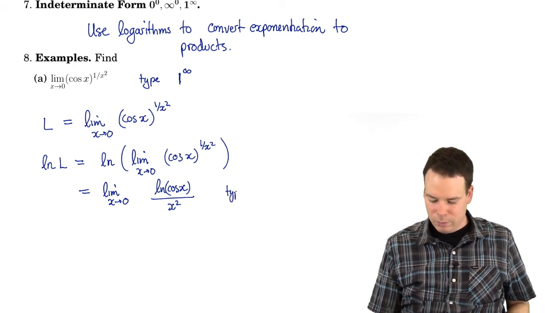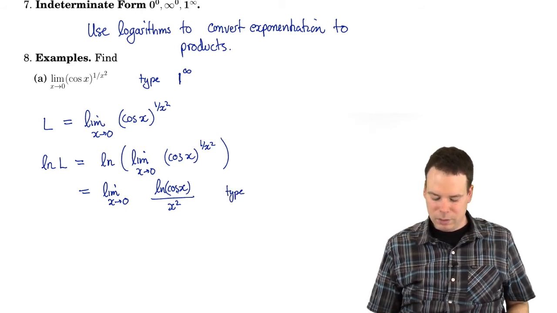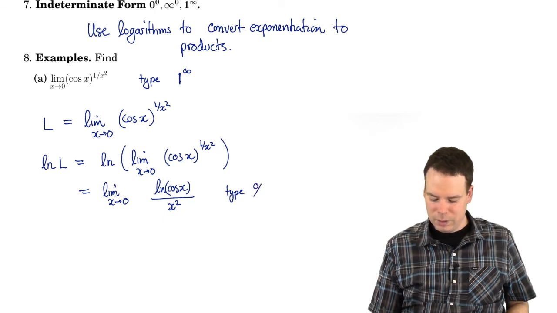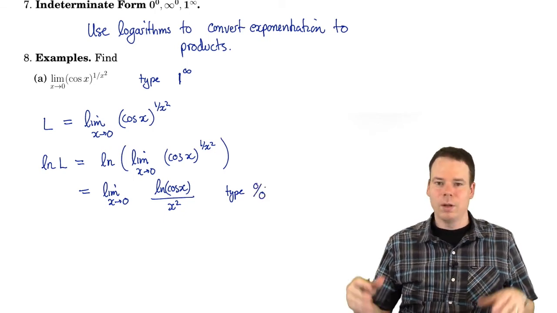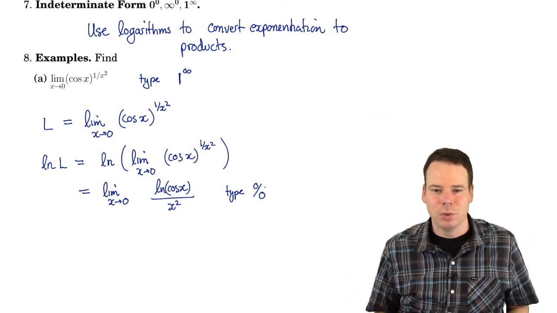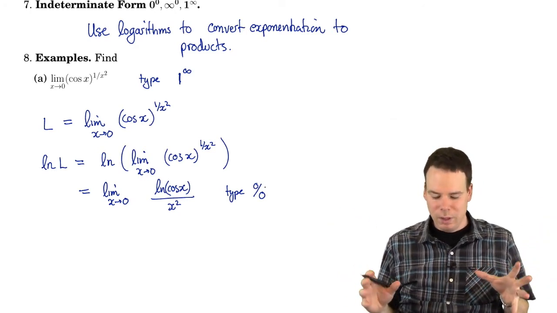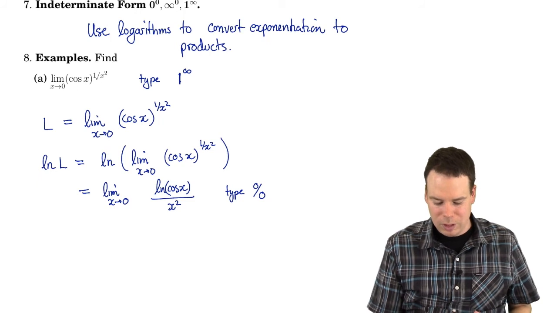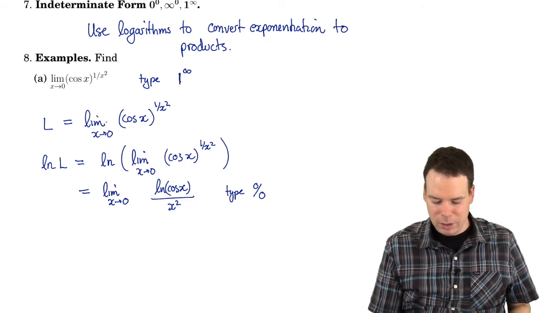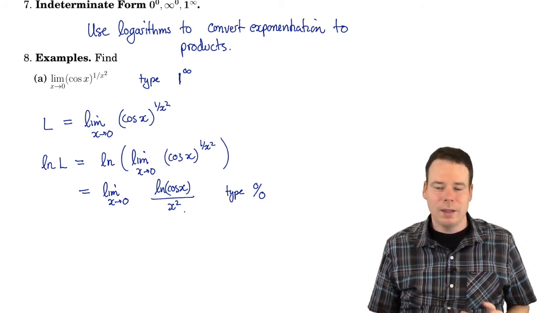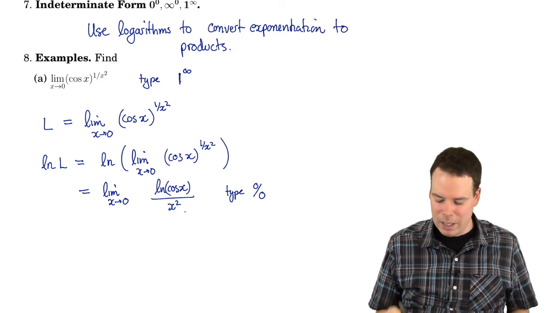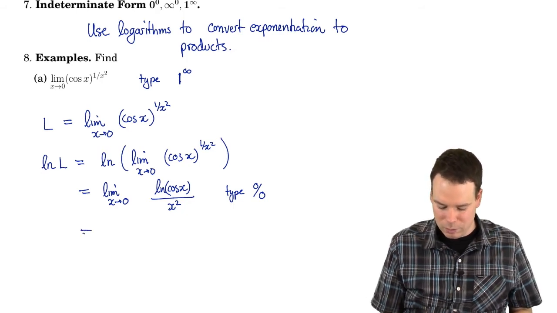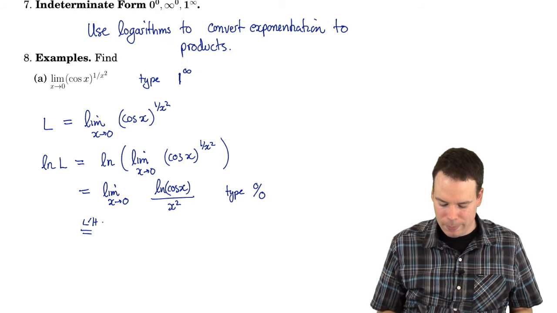Now, what is this? Well, as x goes to 0, cosine of x goes to 1, ln of 1 is 0, so this is of type 0 over 0. We can now apply L'Hopital's rule. So that was the goal here, to try to figure out how I could manipulate this limit to get something that I could apply L'Hopital's rule to. Now I'm at a stage where it's of type 0 over 0, I can apply L'Hopital's rule to it.